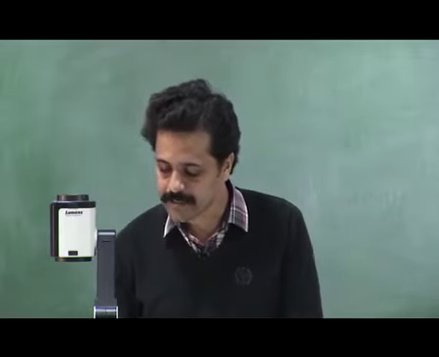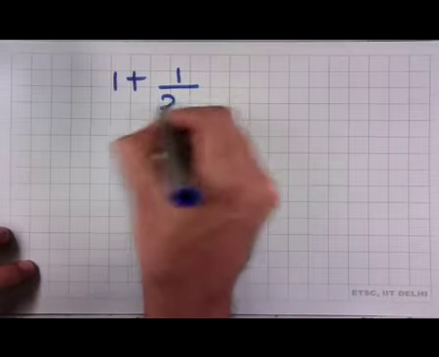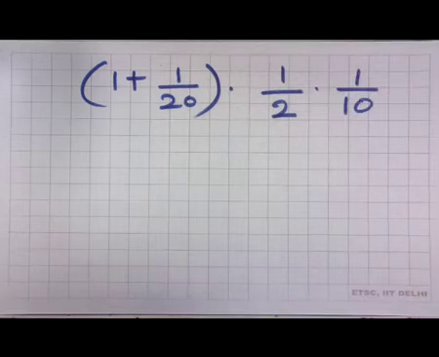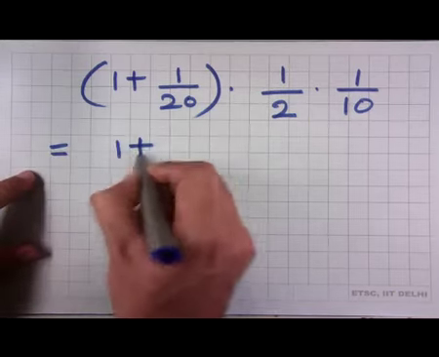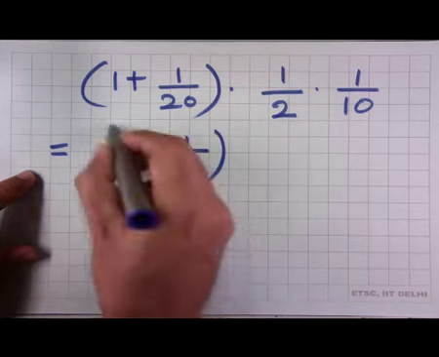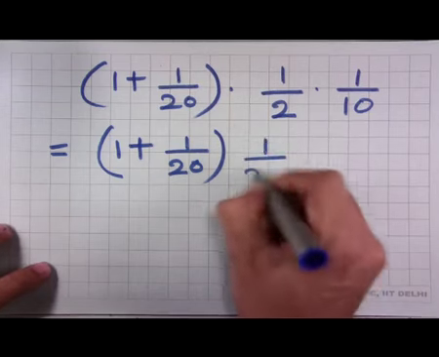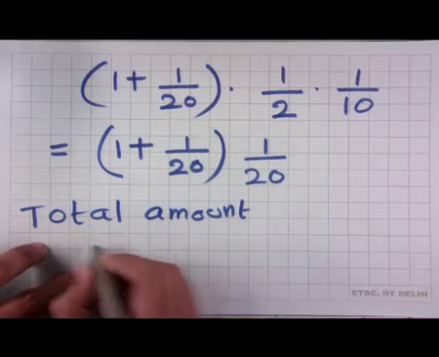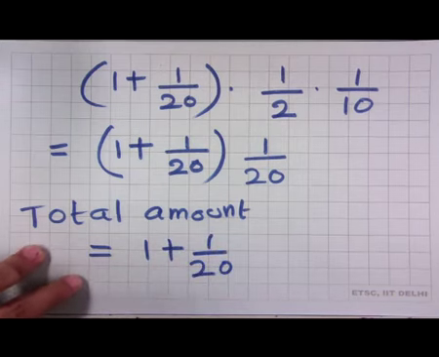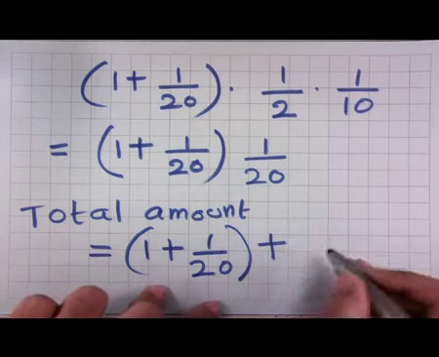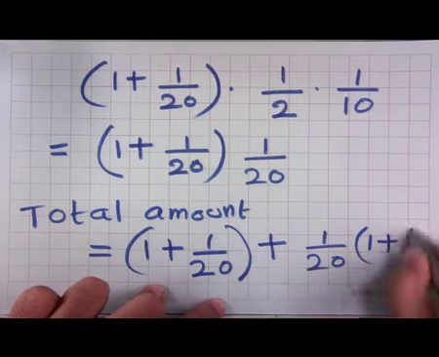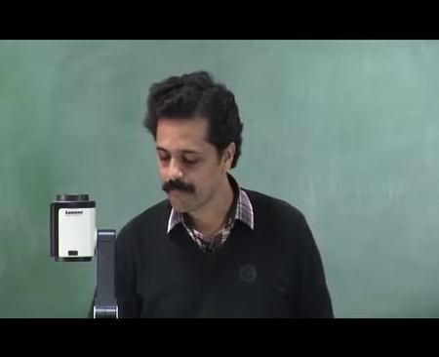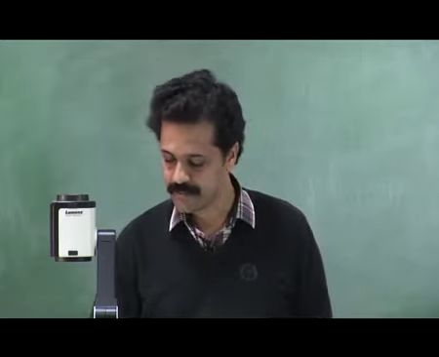For this amount, the interest will be the amount into number of years, which is half, into rate, and hence the interest for the amount yielded in the first half will be this, and the total amount at the end of 1 year would be 1 plus 1 by 20, which is the amount after the first half year, plus 1 by 20 into 1 plus 1 by 20, which amounts to 1 plus 1 by 20 the whole square. Do you see it?